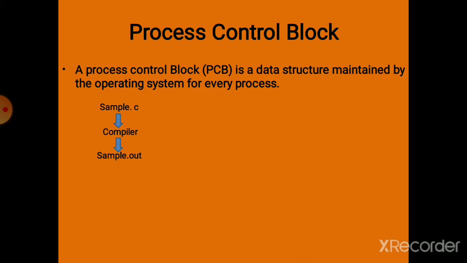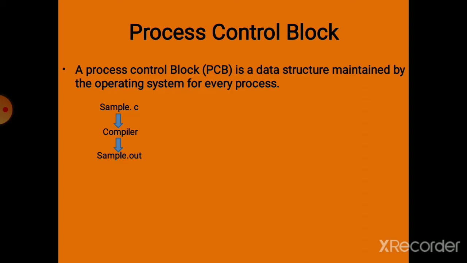Now the operating system's task is not to take a high level language program and execute it on the machine. Before that, it should be converted into machine language so that the operating system will understand. The compiler converts that sample.c program into sample.out.